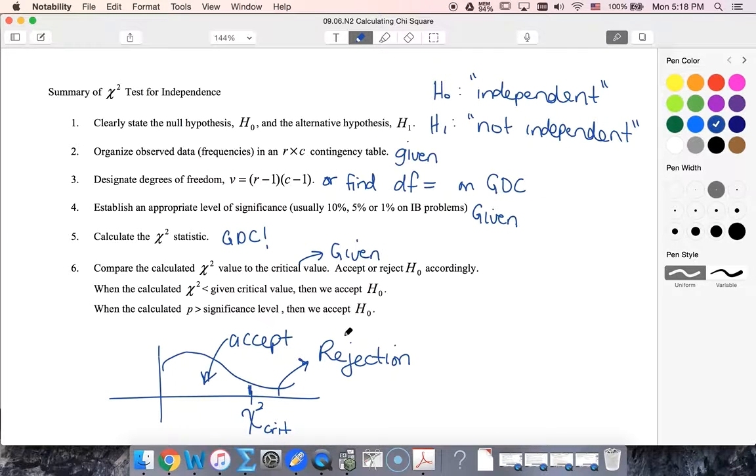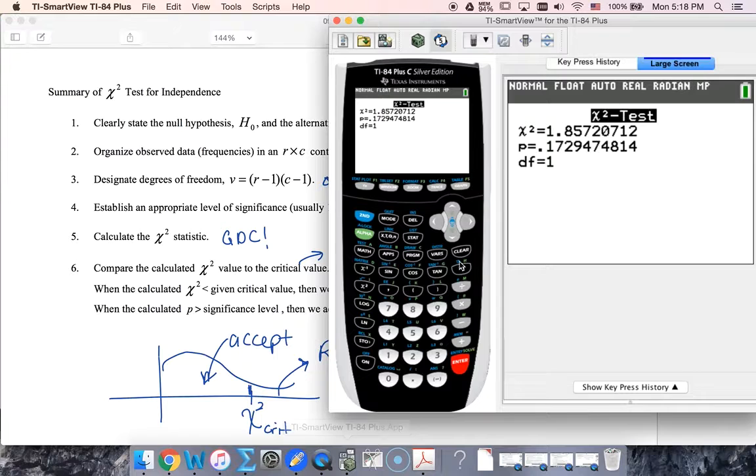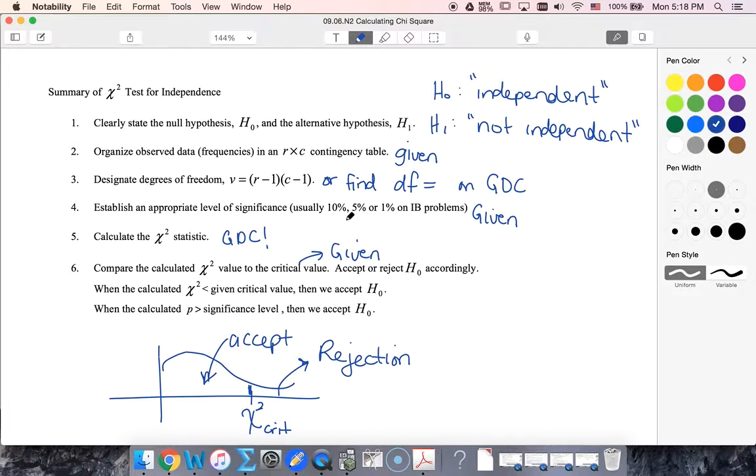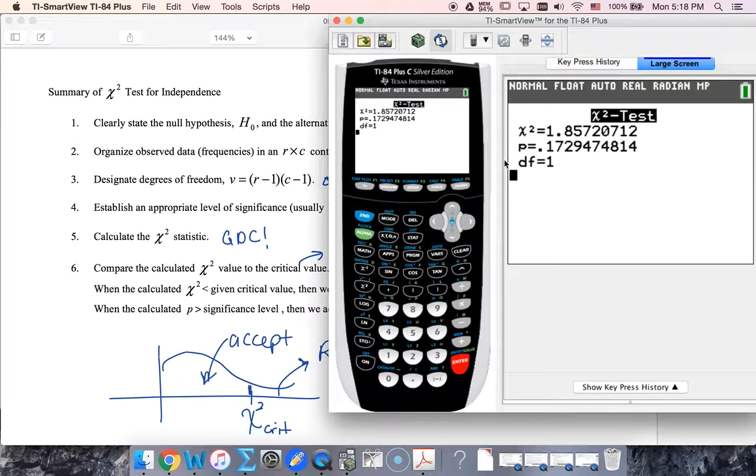Here I've got a 17% chance of acceptance. Well, if I was looking for a 10% chance of rejection, then I'm greater than that. Since I had 17%, I'm not going to reject.